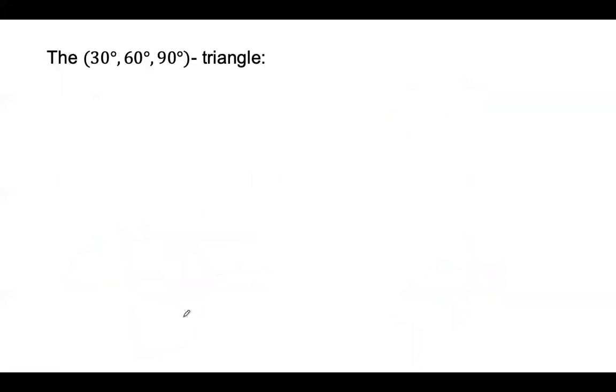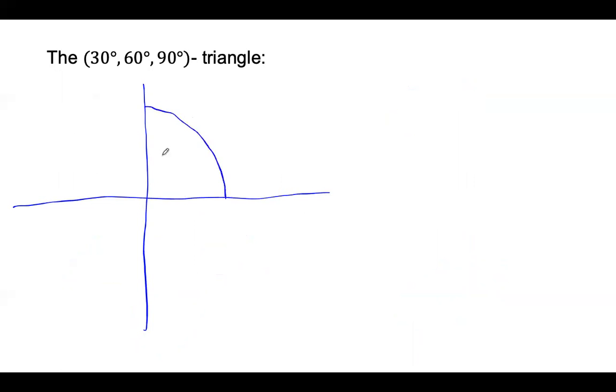What about a 30, 60, and 90-degree triangle? So let's again draw that unit circle. Again, I'll try my best. It just has to resemble a circle. It doesn't have to be perfect.